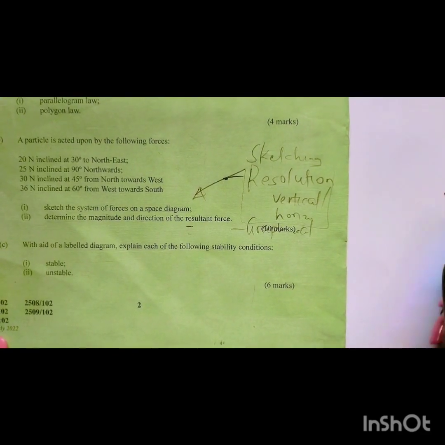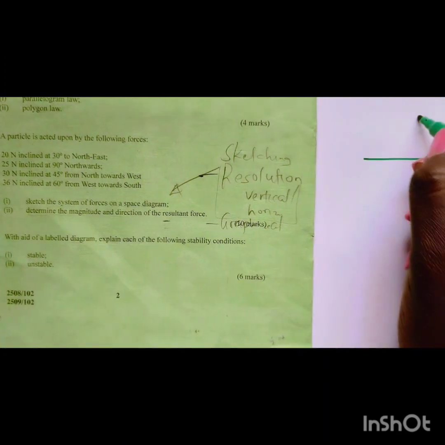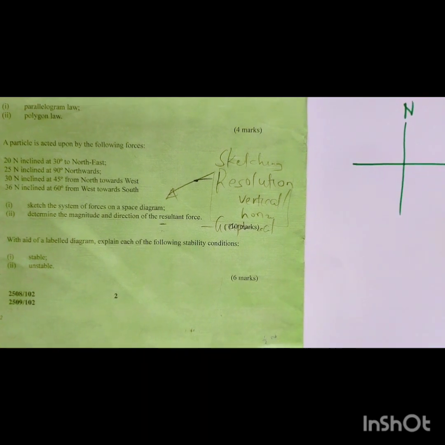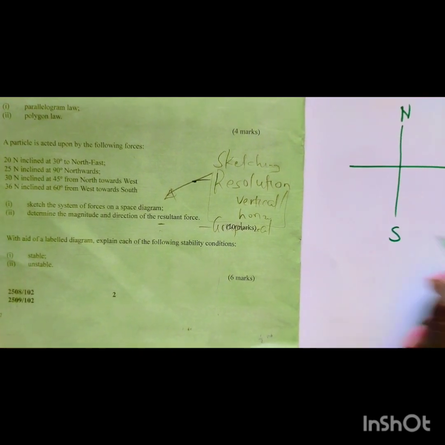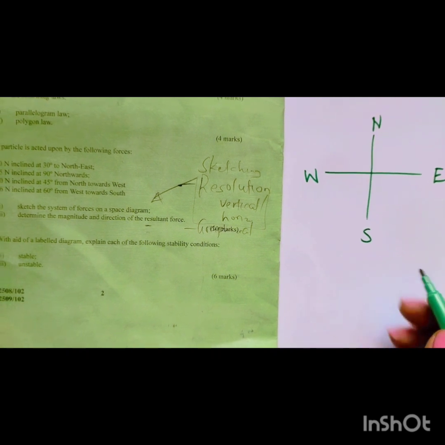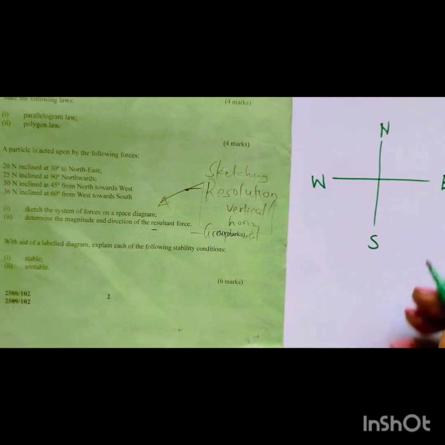So from the understanding of our question, we have a Cartesian axes, and this is the north, south, east, and west. In between here, of course, there are angles. Now we have the first force, that is the 20 Newton force inclined at 30 degrees.